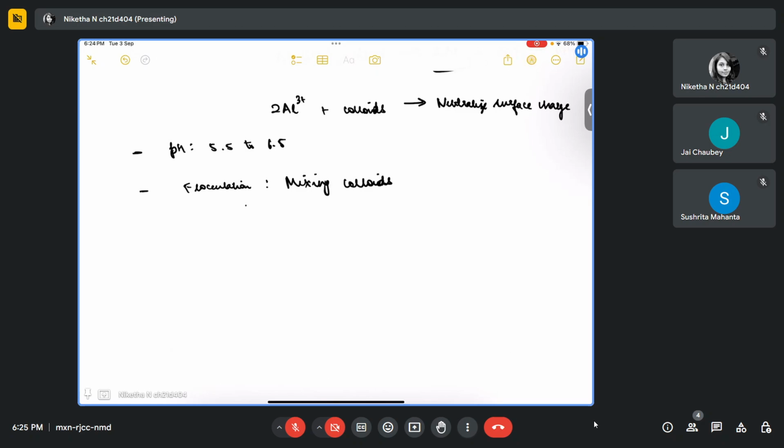Okay. So this will be done in 2 stages. First one is flash mixing, which means mixing at a very high speed for a very short duration of time. So this will have a retention time of 1 to 2 minutes. So high speed mixing will be done for 1 to 2 minutes, and this will be followed by flocculation, that is mixing at a very slow rate.